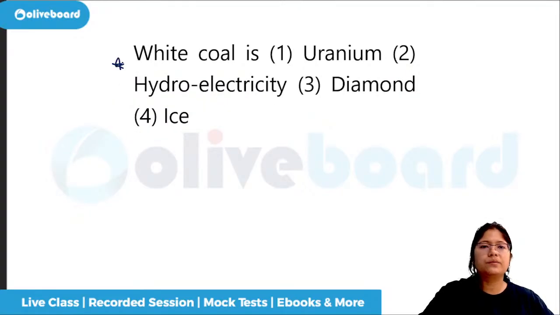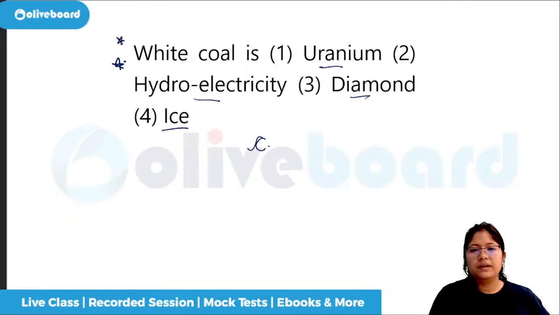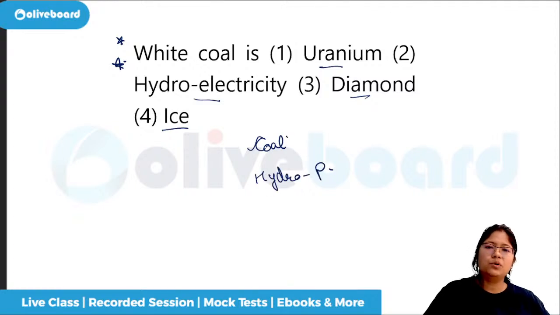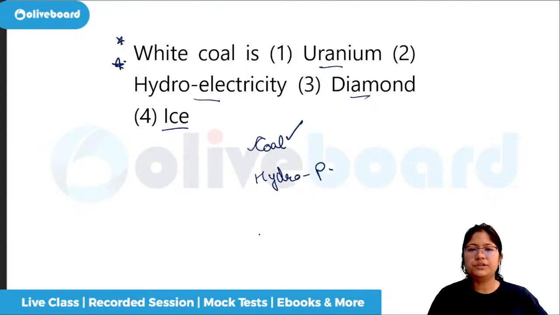White coal is, what is white coal? Is it uranium? Is it hydroelectricity? Is it diamond or is it ice? This is an old concept from when people were using coal and when hydropower had started. Coal was giving pollution, right?